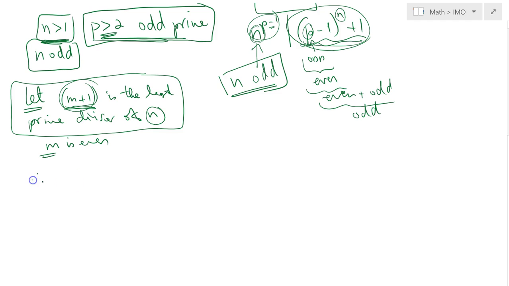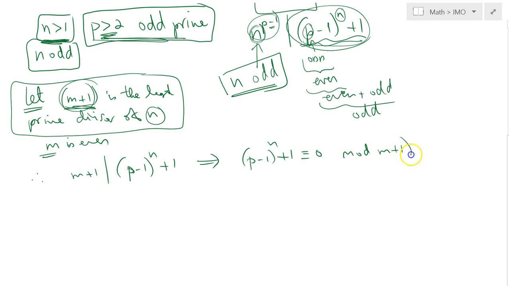Therefore m plus 1 divides p minus 1 raised to the nth power plus 1. In modular arithmetic language, that's p minus 1 to the n power plus 1 being congruent to 0 mod m plus 1, or you can move that plus 1 to the right hand side and write it as minus 1. So p minus 1 raised to the nth power is congruent to minus 1.